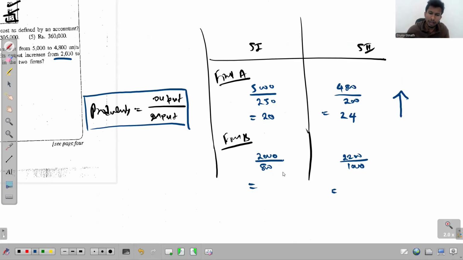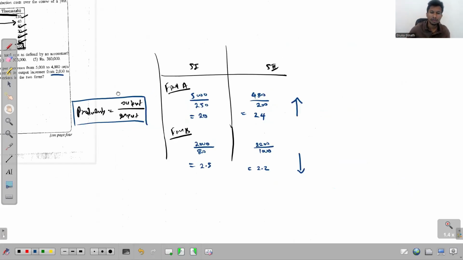For firm B, in the first situation, 2000 divided by 800 is 2.5, and then 2200 divided by 1000 is 2.2. So the productivity of labor in firm B has decreased.